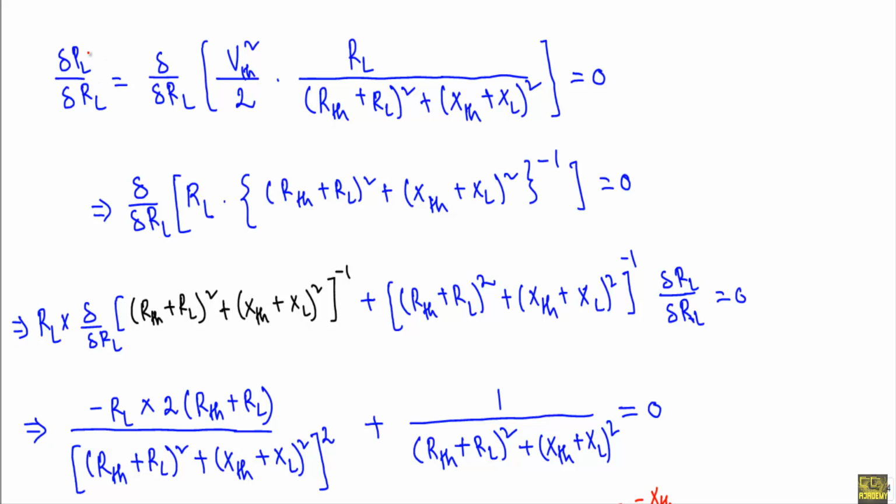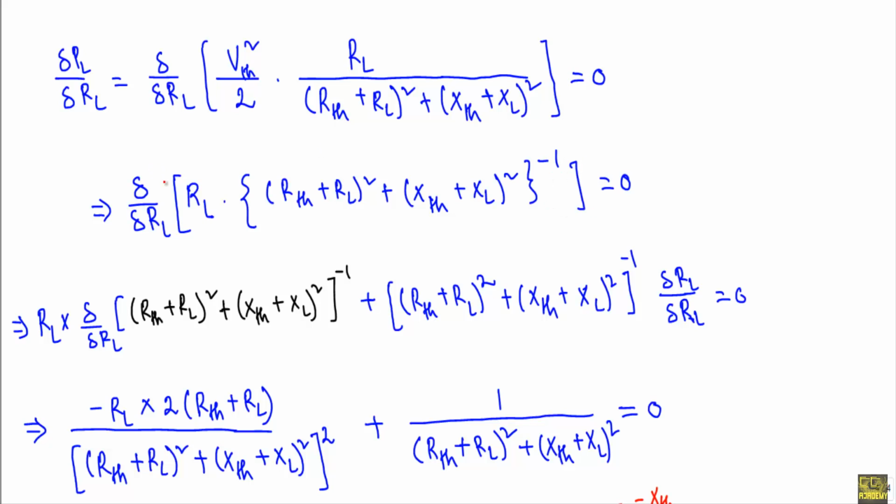Now I will take the partial derivative of PL with respect to RL. Here PL is equal to VTH square over 2 RL over RTH plus RL whole square plus XTH plus XL whole square, and this will be equal to 0 for maximum power. Okay, here VTH square over 2 will be constant, so if I take it in the right side, I will get RL into RTH plus RL whole square plus XTH plus XL whole square with exponent of minus 1.